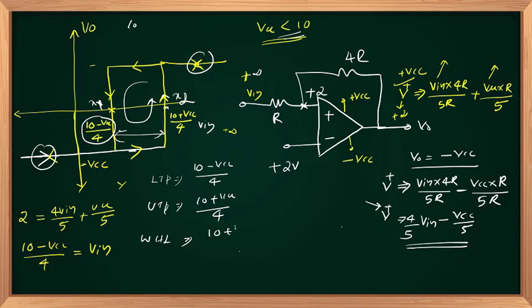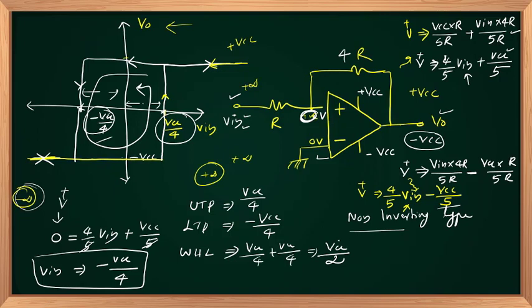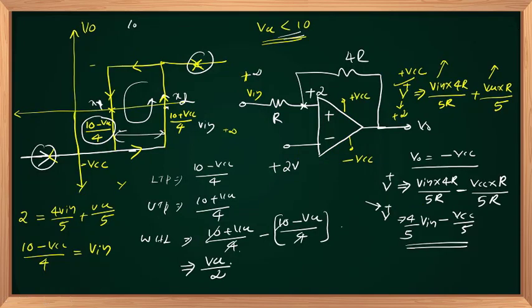That is 10 plus VCC upon 4 minus 10 minus VCC upon 4. That will give you 10 by 4, 10 by 4 will cancel each other. VCC by 4 plus VCC by 4 will give you VCC by 2. As earlier, VCC by 2. So the width of the hysteresis loop is not changed. It is still VCC by 2.